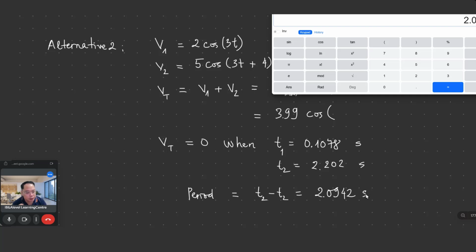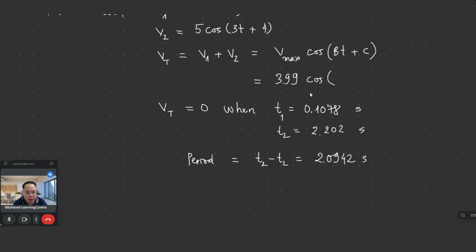2.0942 seconds, the period. And if you remember in the trig topic, the value b here will be found by taking 2 pi, which is the period of a normal cosine function, cosine of t. The period is 2 pi, divided by 2.0942 to get the value b.